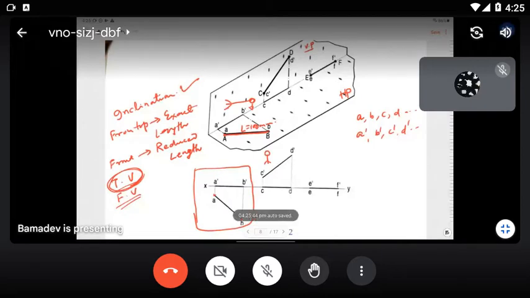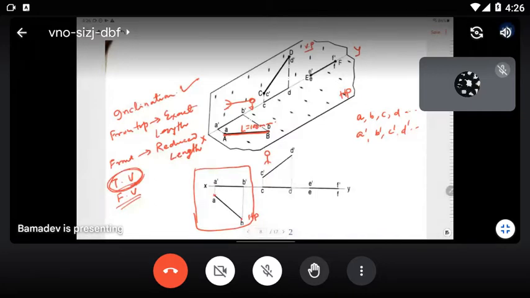In this case, the straight line is in the HP. That's why the front view is coming on the reference line XY. This is lying on HP.